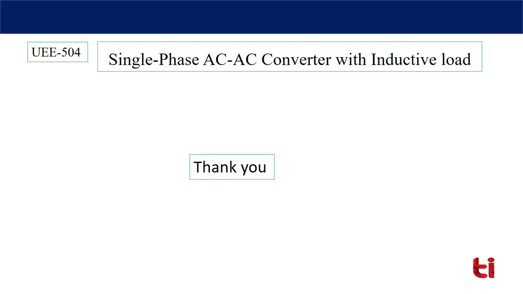So we get extra conduction of these thyristors if the load is inductive. Then we have found out the RMS output voltage, average output voltage, RMS thyristor current, and RMS output current. From the next class we will see some other topic of this power electronics subject. Thank you.